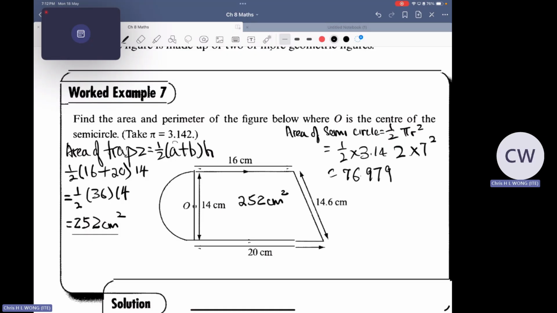Yeah, it's good that you have three decimal places. Centimeter square. All confirm? Anyone? Okay. So now you need the total area, right?